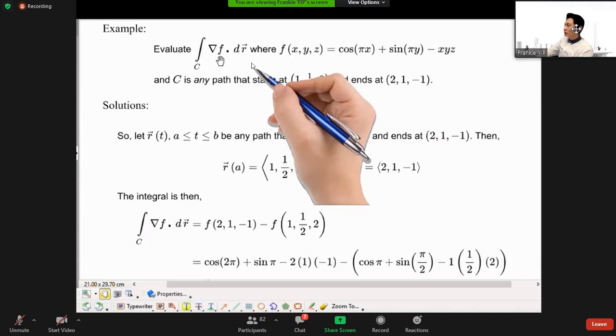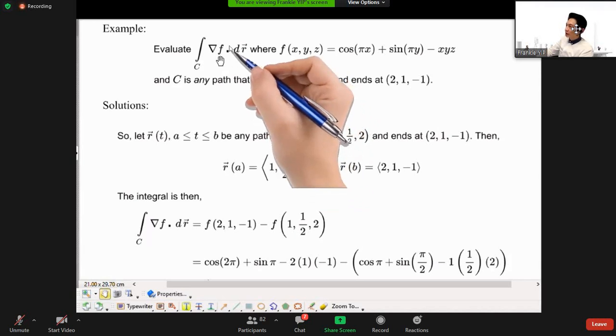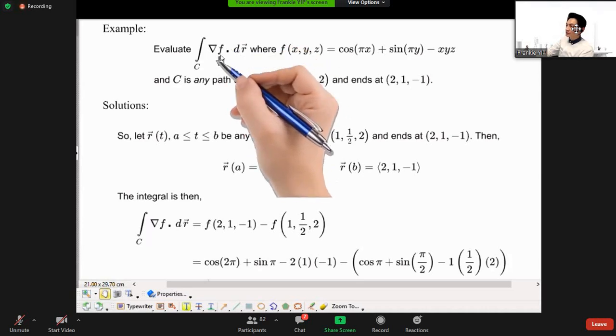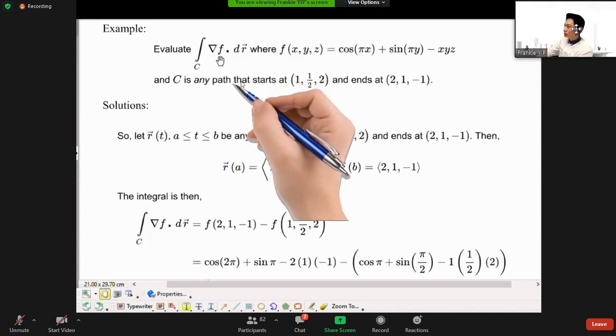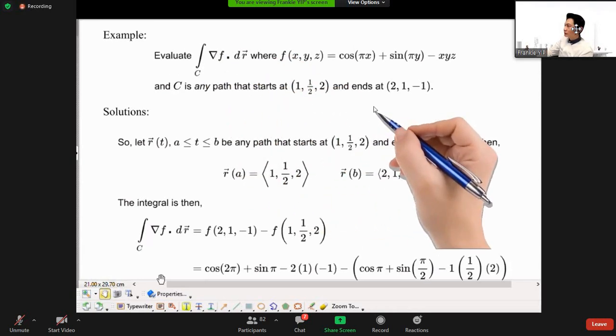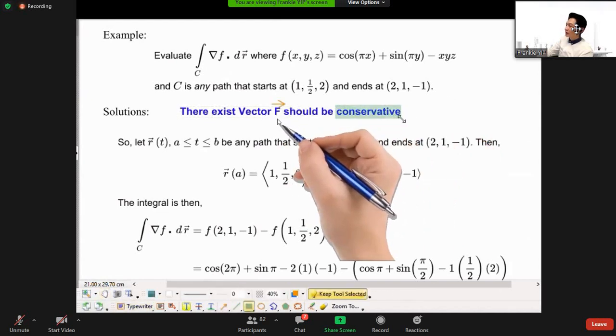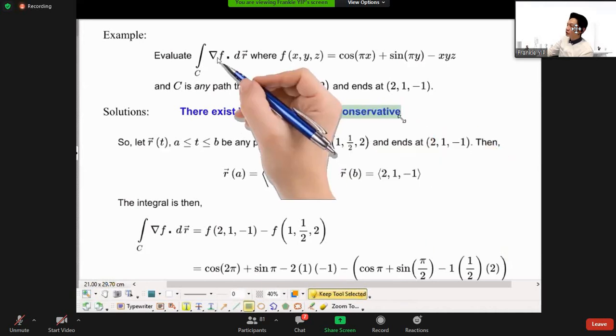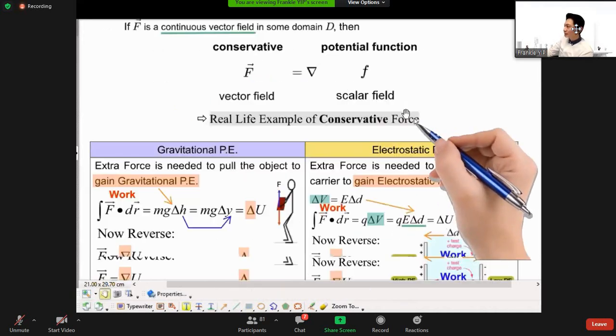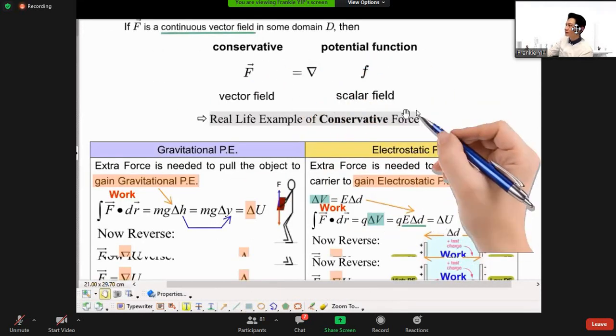Okay, so what is the working principle of this? Think about the del f is a conservative function, capital F. So in order to use the del here, there exists a vector capital F which should be conservative, which is equal to del F. Okay, like this.